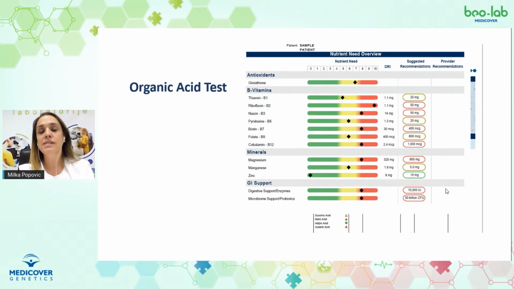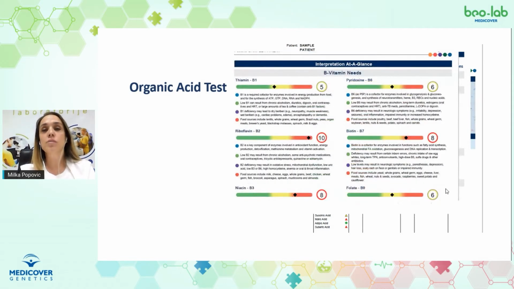The laboratory does not know what sort of patient they're dealing with, and the doctor is there to modify and adapt this according to the patient history and their state, which supplements, and if any supplements are going to be prescribed.